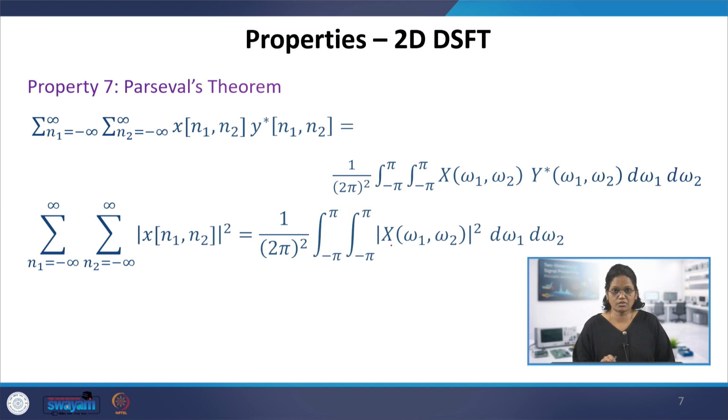This energy is preserved both in time domain and frequency domain. So these are equal, and there is no loss in this case. So that's the meaning of Parseval's theorem. So we can find the coefficients, and its squares summed up in the frequency domain are equivalent to the sum of squares in the time domain. So energy is preserved in the coefficients.